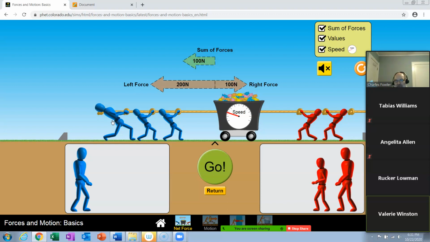Will there be an acceleration? Yes, there will. Which direction? To the left. Now, we don't know the masses of the androids, or we could actually calculate the accelerations. We don't know it, so we're not going to. So, you tell me what you think is going to happen when I click on go. Does that mean it's going to start moving to the left?